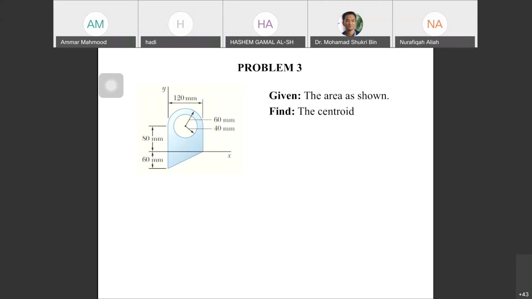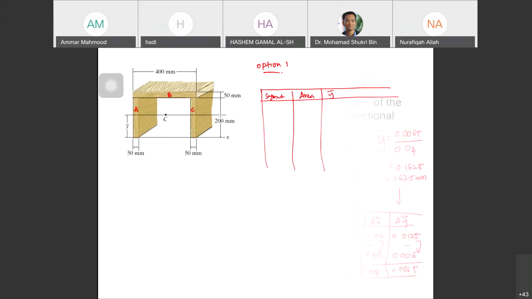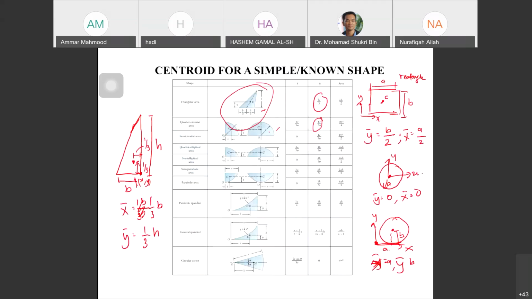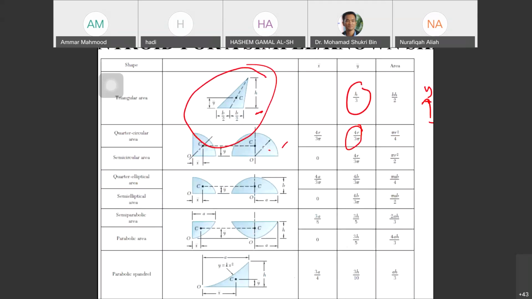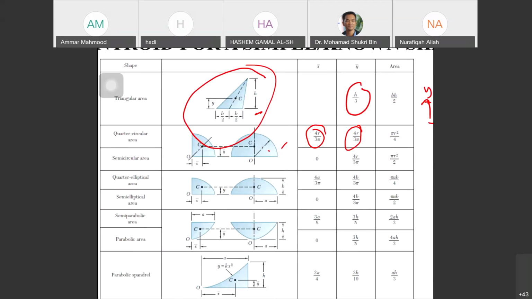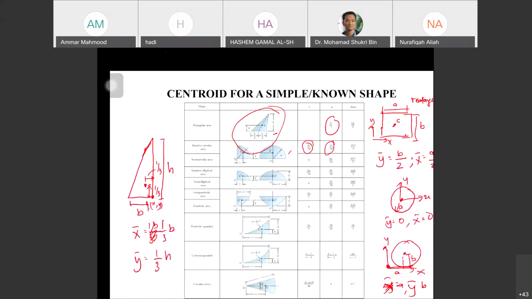Maybe you can divide here as A. And then this one, the rectangle, is B. And then this one is C. And then hemisphere D. For the hemisphere, the centroid is 4r over 3 pi, for the hemisphere only. 4r over 3 pi.